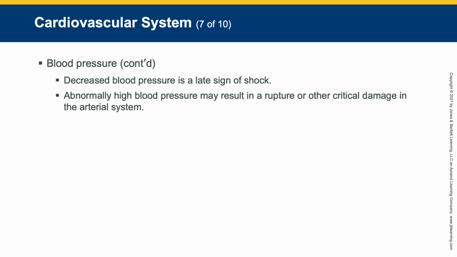Conversely, very high pressures, especially in the 180 range for the systolic pressure, could raise significant concern for a possible stroke or an aortic dissection. So always interpret the blood pressure in the context of the patient's presentation and chief complaint. A reading that's abnormal for one patient might be normal for another. For example, some patients with chronic hypertension may not show symptoms until their pressure drops well into the normal range. So what matters most is whether the patient is symptomatic or showing signs of poor perfusion.